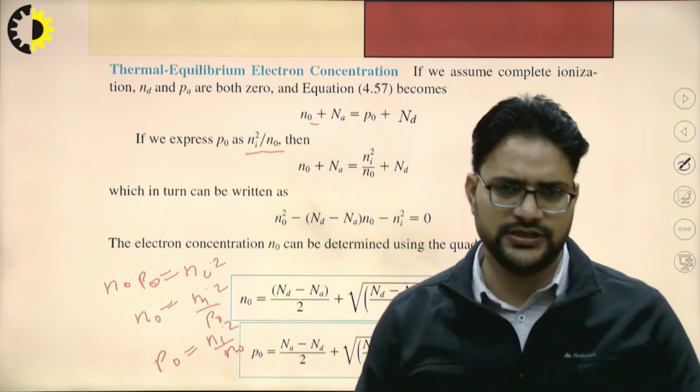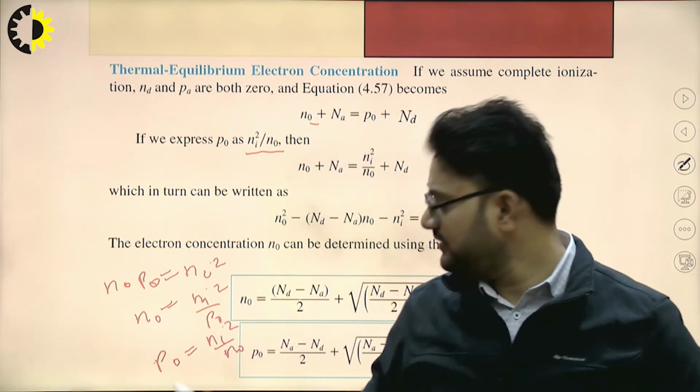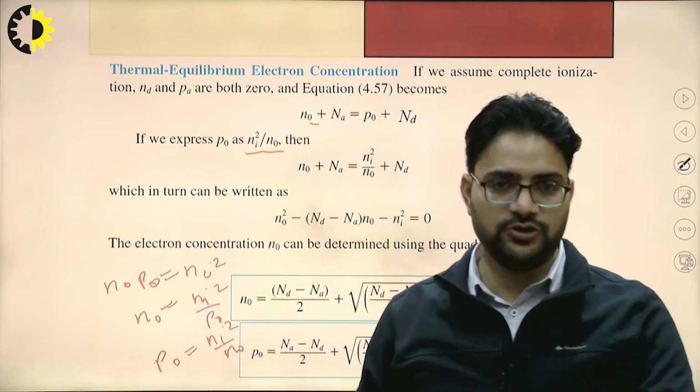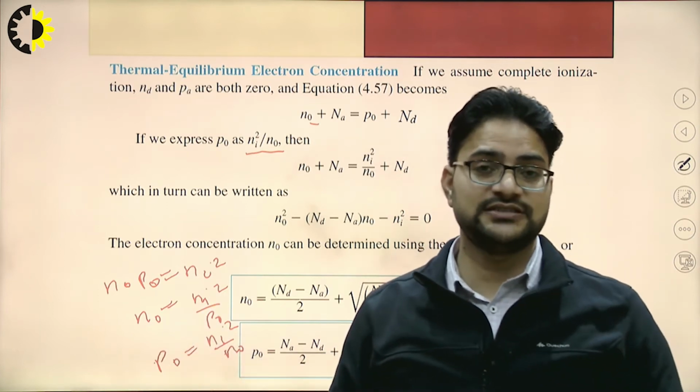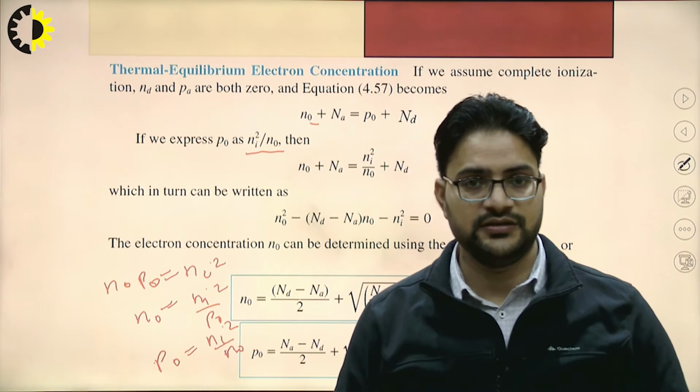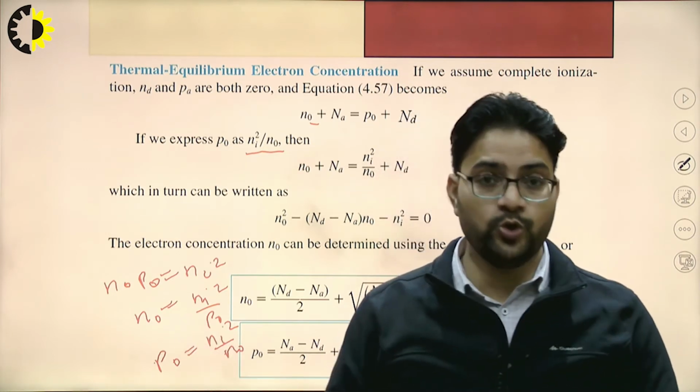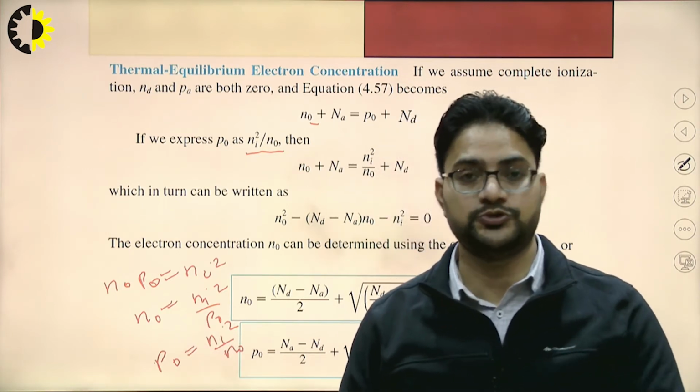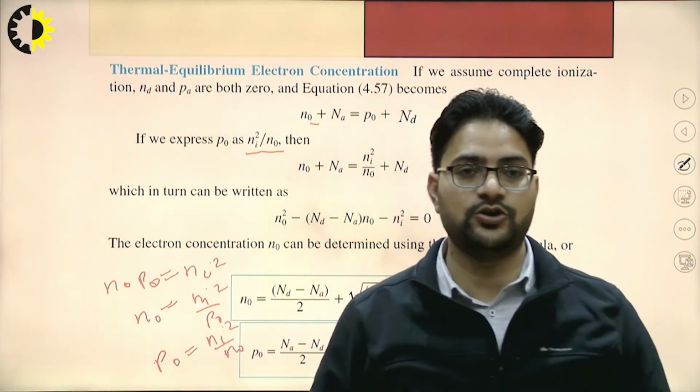From this mass action law, we can compute the value of n naught, the electron concentration at the equilibrium state, and p naught, the hole concentration at the equilibrium state.